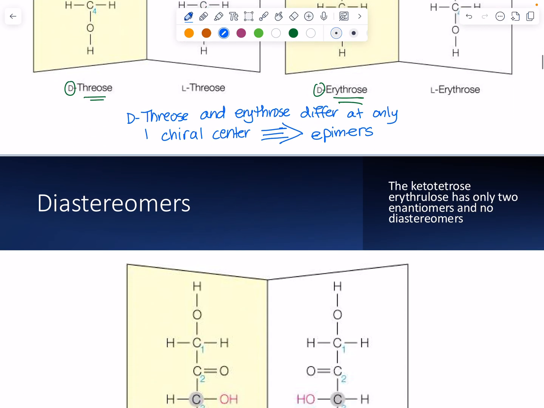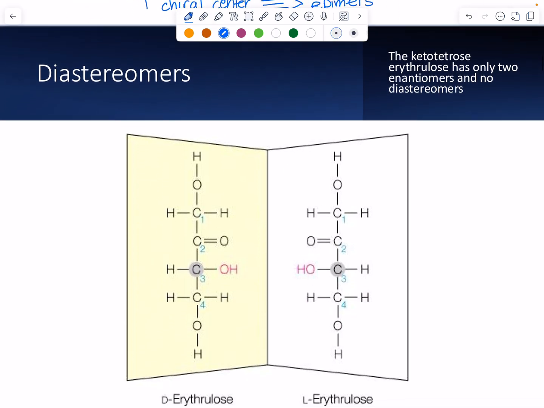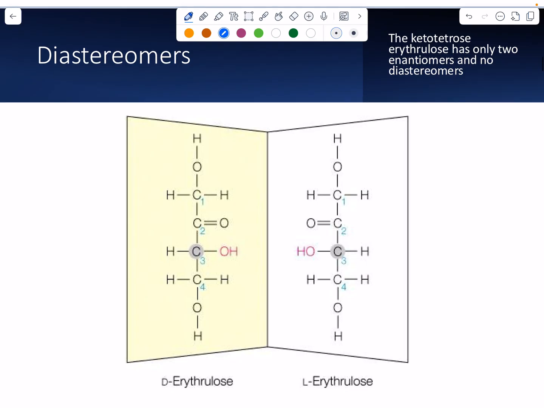Let's look at ketoses for a second. This is what the enantiomers of a ketotetrose look like. The ketotetrose erythrulose has only two enantiomers and no diastereomers because it has fewer stereocenters.